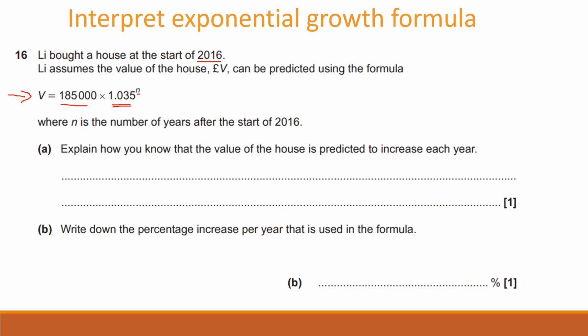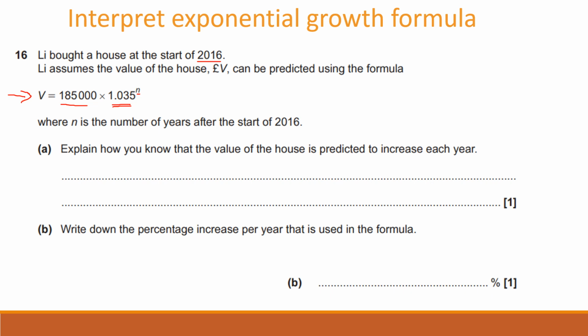Okay, now I'm going to show you exactly how to do the multiplier in part B, so you might want to look back into part A after you've done part B, because it will make a little bit more sense. But basically, if you have got a number here greater than 1, you have got an increase, and if you've got a number less than 1, you have got a decrease.